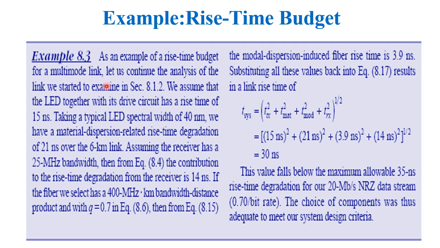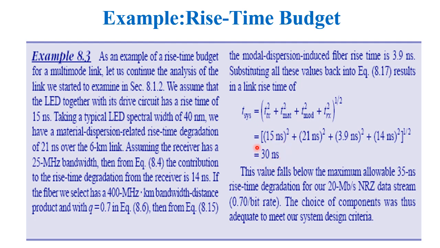According to it, we can write the transmitter rise time, the modal dispersion rise time, and the receiver rise time. By substituting all these rise times given according to the statement, we find the overall system rise time, which is obtained as 30 nanoseconds.